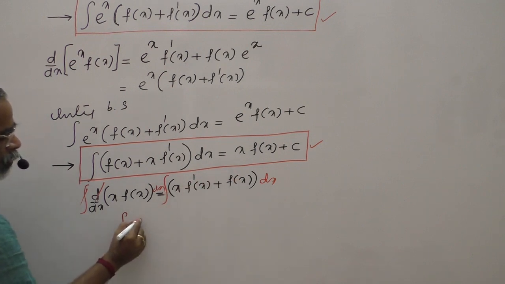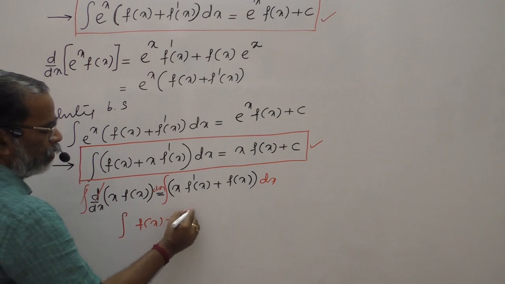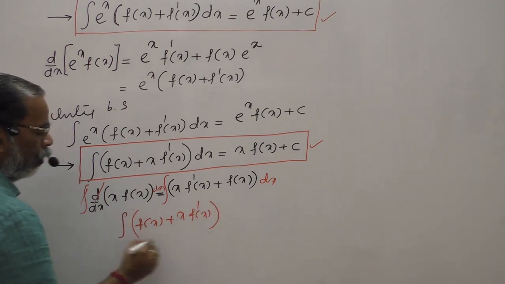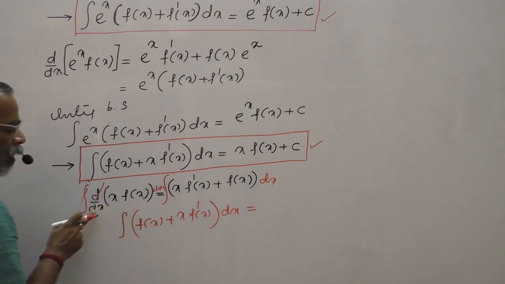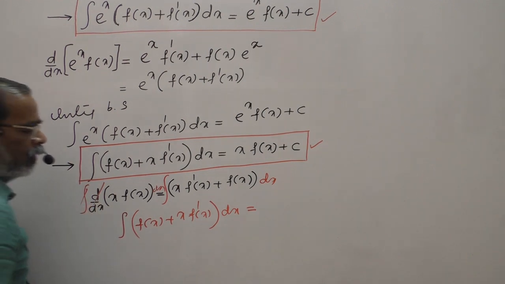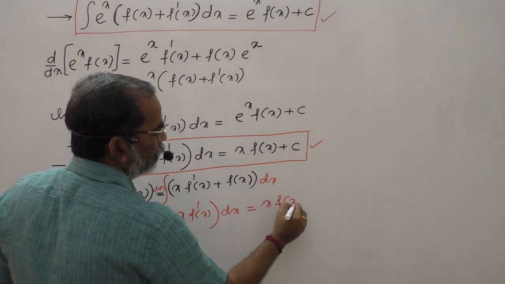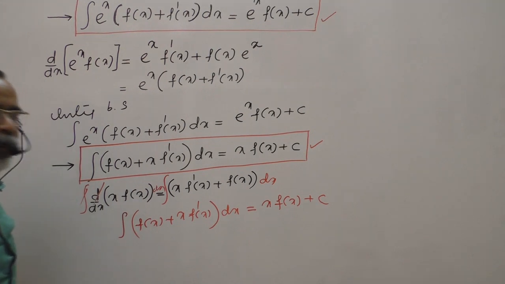Integral of f of x plus x into f dash x, whose integral is equal to, on the left side, after cancelling integration and differentiation, only f of x. Since we have done integration, c should be there.